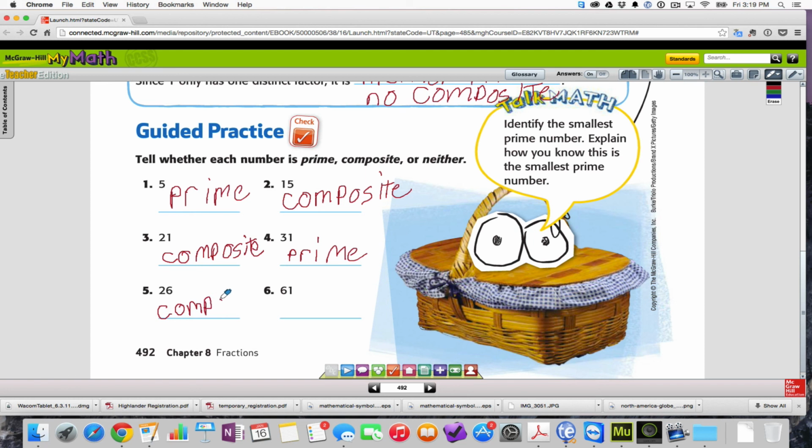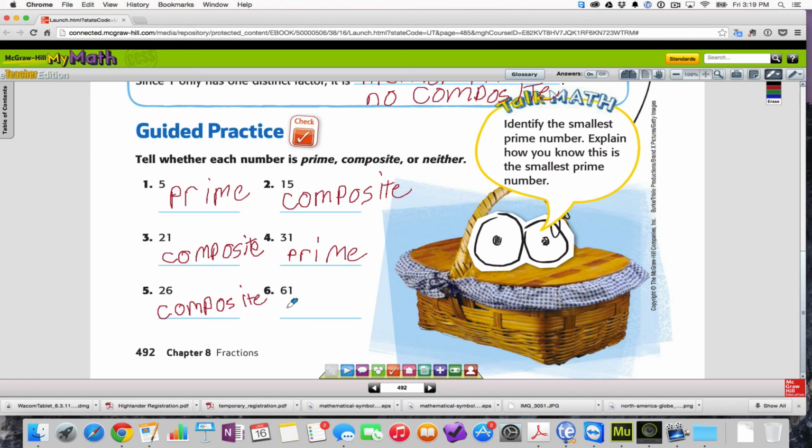The only even number that is prime is 2 itself. All other even numbers are automatically composite because they are all divisible by 2.